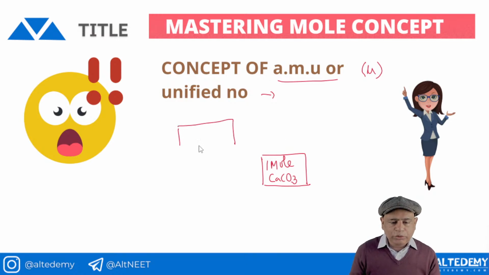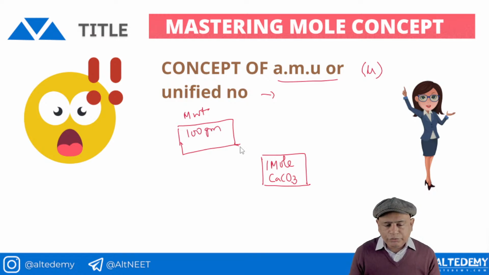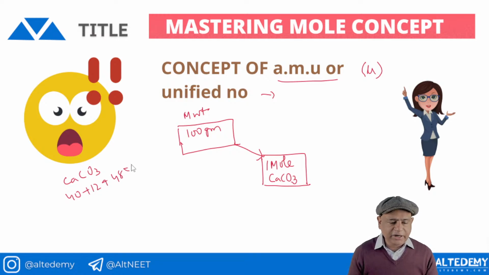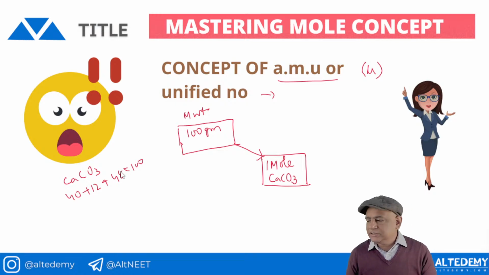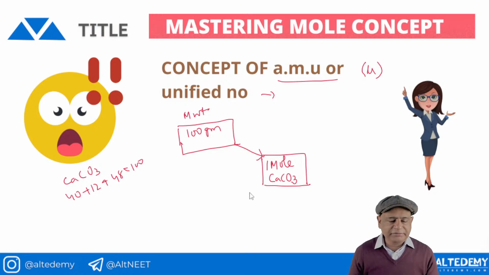So first we calculated the molecular weight of calcium carbonate, and it comes to be 100 gram. CaCO3: calcium is 40, carbon is 12, and oxygen is 48. So that makes it 100. So 100 gram calcium carbonate is equal to 1 mole. This is the first thing.